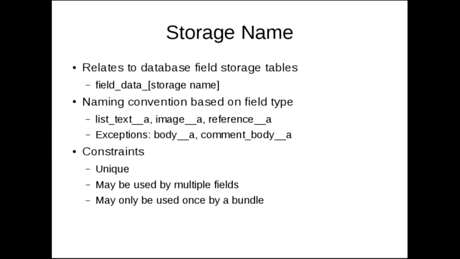You can't call it poo and poo in two different places or something. So that had to be unique. Again, because it relates to storage, you're making database tables. They can't have the same name. So this name's got to be different. We can use it on multiple fields, but only once per bundle, because of the way the columns are in those storage tables, they only have entity type and bundle. So you can't do it again.